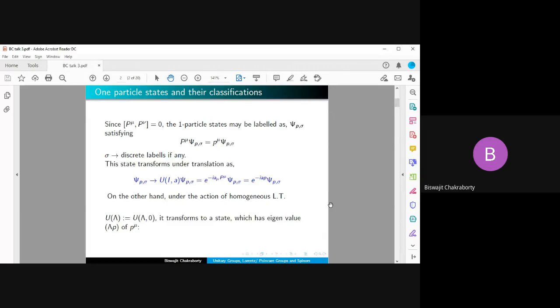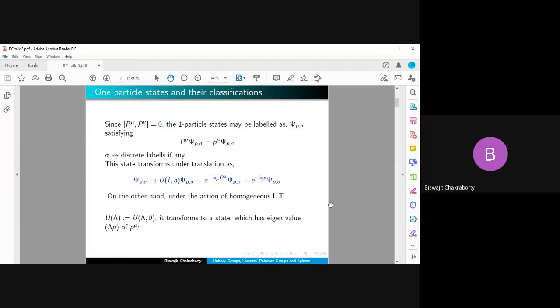So what is essential is that since this spin comes from the SU(2) Lie algebra, they are indexed by discrete indices, which take a discrete set of values. And P mu and W mu commute among themselves, so any generic one particle state can be labeled by the eigenvalues of P mu, which you call p mu, and sigma, the spin part of it. So you anticipate that will be your discrete set of labels.